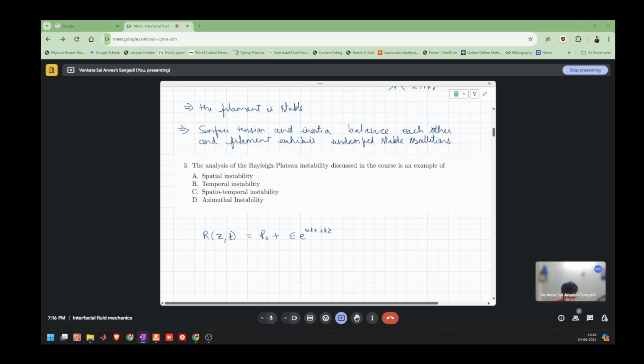Therefore, we can say that the Rayleigh-Plateau instability is a temporal instability.